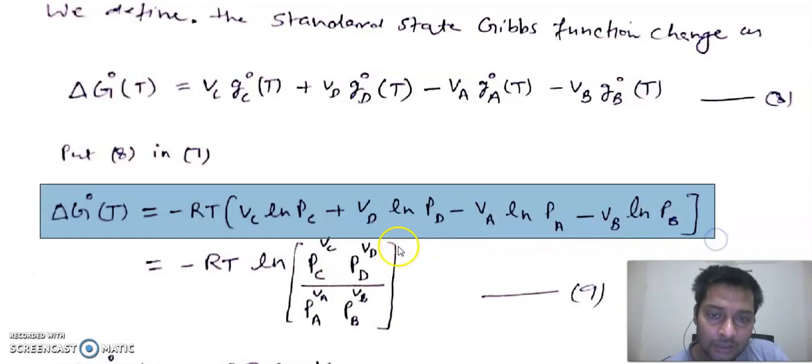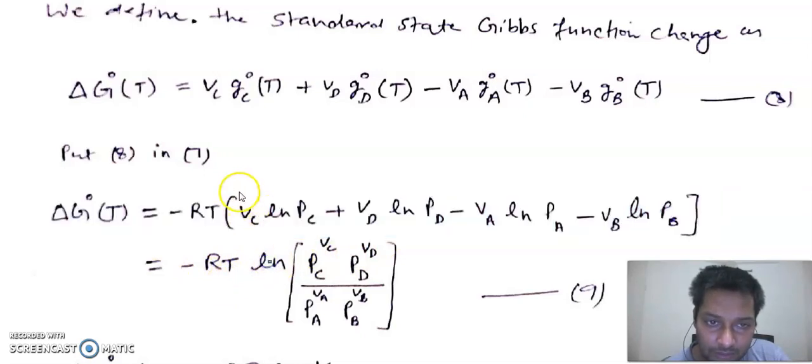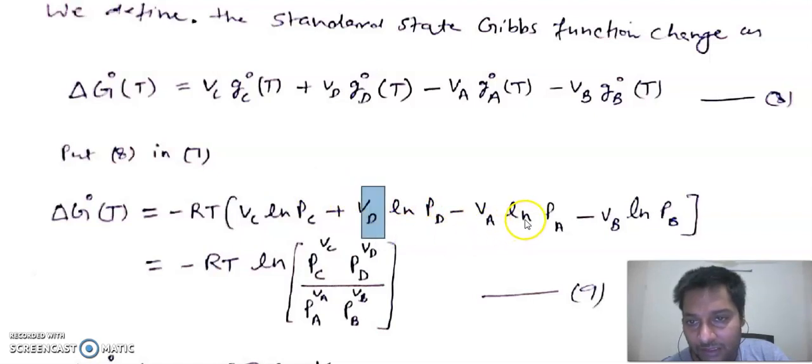Now rearrange this equation. This is RT, and this Vc will go into the power in the logarithm, so this will be equal to ln Pc raised to power Vc. Similarly, this one will be ln Pd raised to power Vd, and here ln Pa raised to power Va.